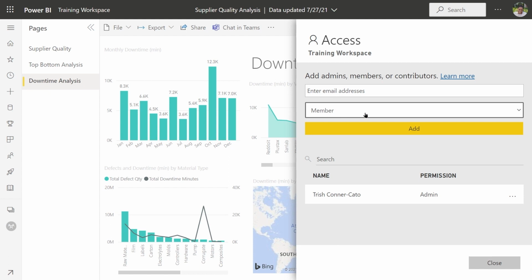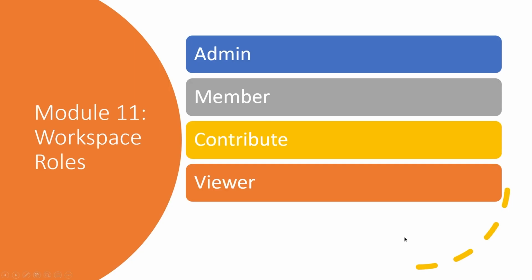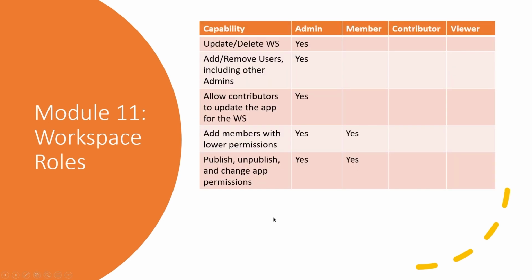Here, you have different roles that you can assign. And before we assign anything, let's review those roles. There are 4 roles that you can use: admin, member, contribute, and viewer. I have several tables here that show you the capabilities for each of these roles.